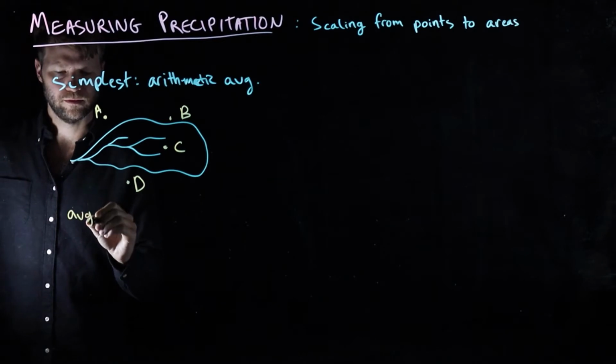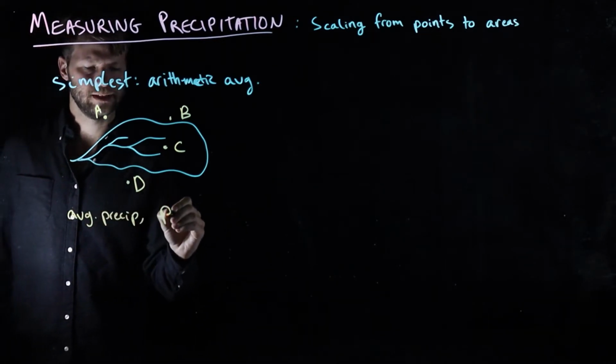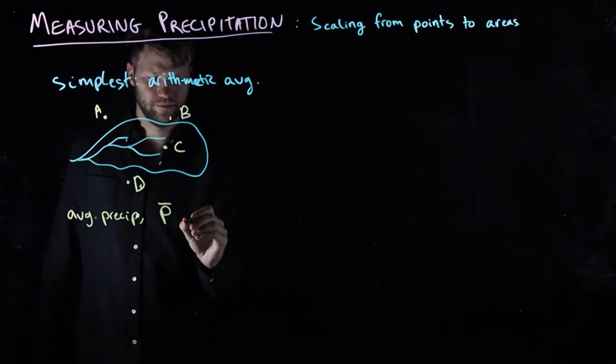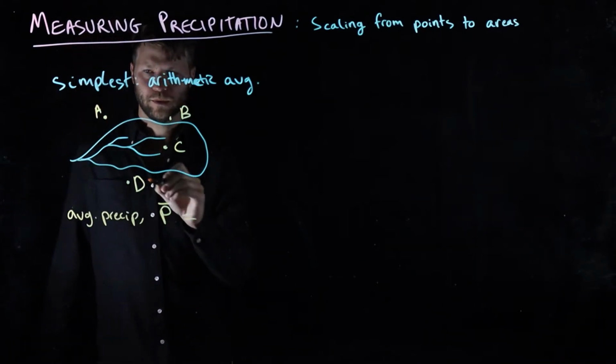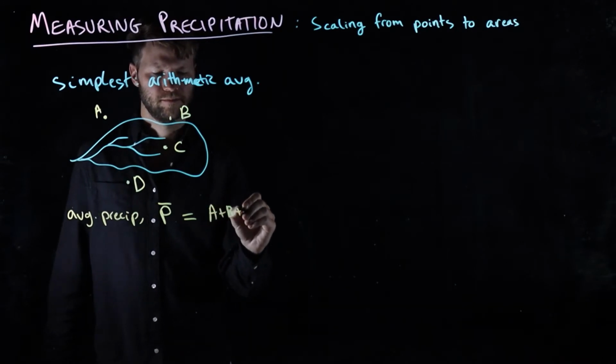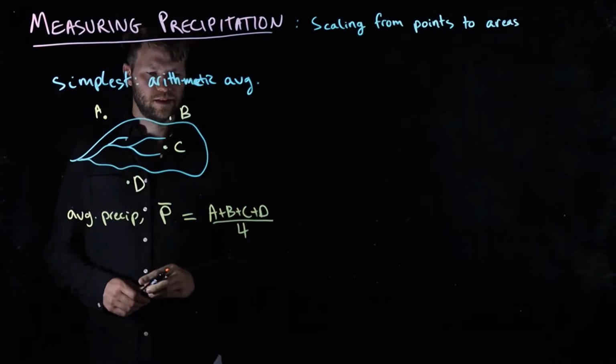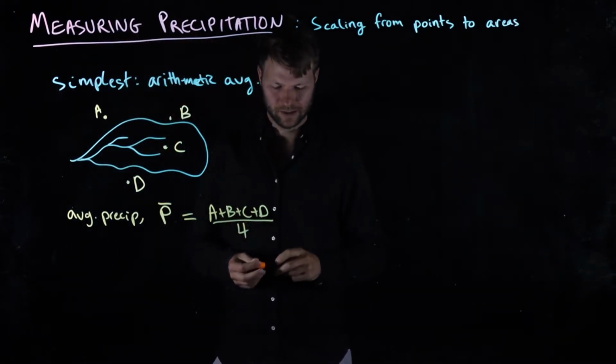Therefore, the average precip, which I will denote with a capital P with a bar over it, is going to simply equal the precip recorded by these gauges, the average of them. So sum them up and take their average.